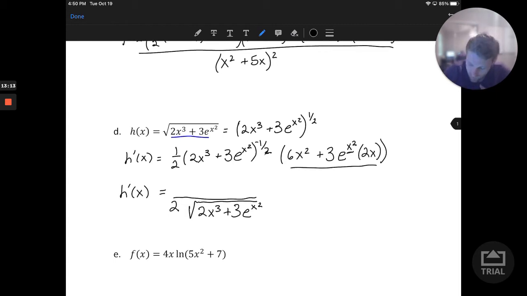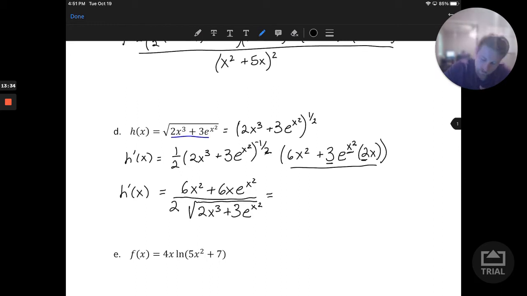We'll write that as 6x squared. And then we can have also a plus 6x e raised to the x squared if we multiply our 2 and our 3 here. Looks like we might be able to reduce this one more time if you wanted to.